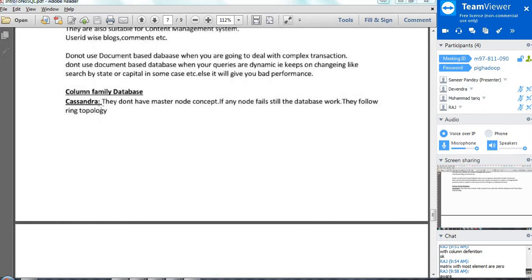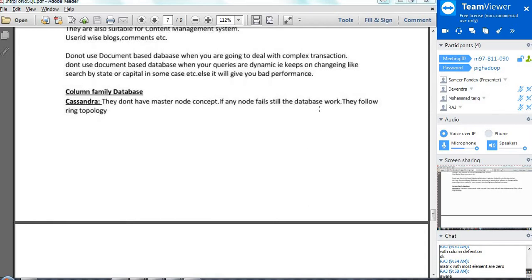I'm just talking about Cassandra and HBASE because they are a kind of competition with each other, and they are really very similar to each other also. So that's why I'm differentiating: Cassandra doesn't have a master node concept like we have in Hadoop. In Hadoop we have a master and slave node. The same pattern is followed by HBASE. But in Cassandra, they don't have a master node concept.